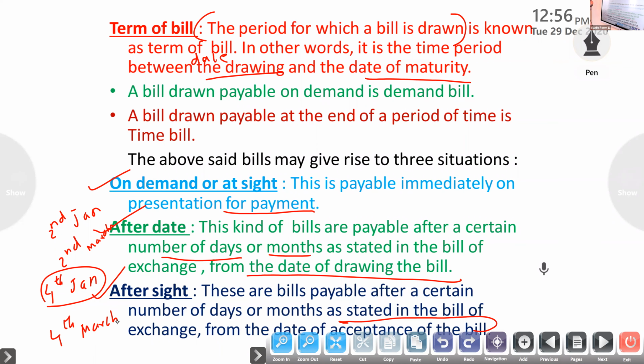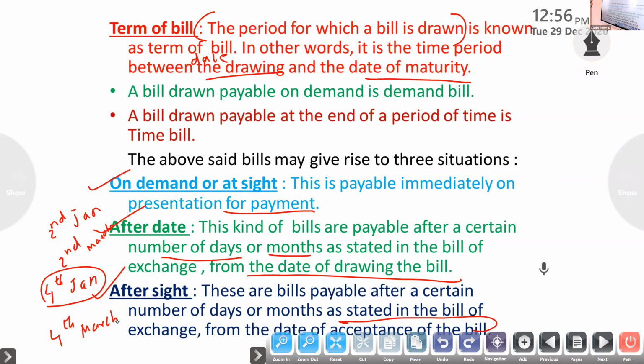Clear? So, the period for which a bill is drawn. First one, whenever the seller demands, the buyer has to pay. Second, we calculate from the date of drawing the bill, adding months and days. Next, it becomes payable from the date of acceptance of the bill, adding months or days.